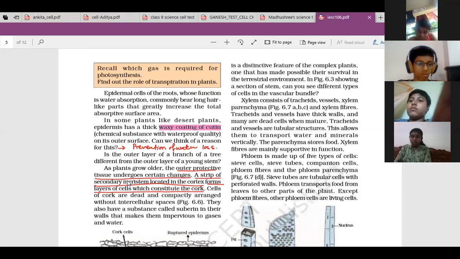That means the meristematic cells form one more outer covering over the epidermis, and that gets converted into cork.